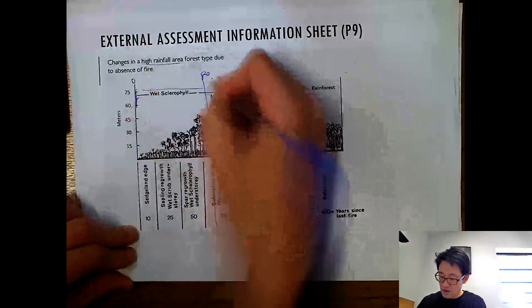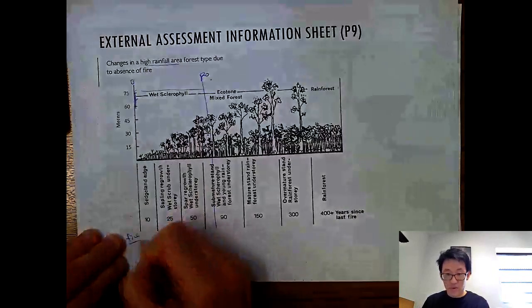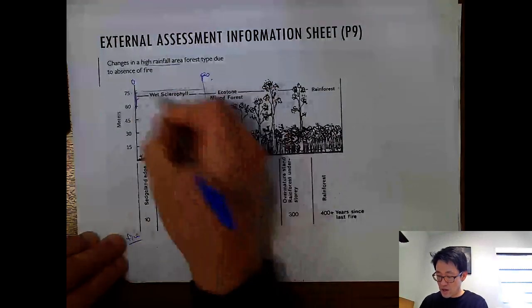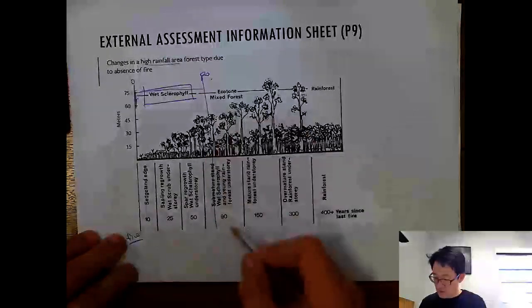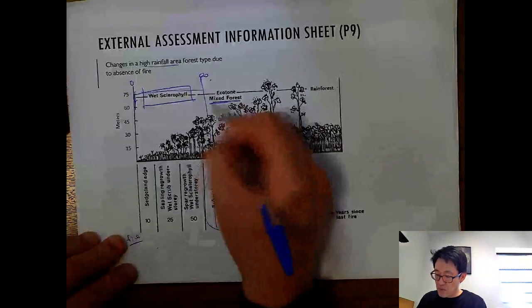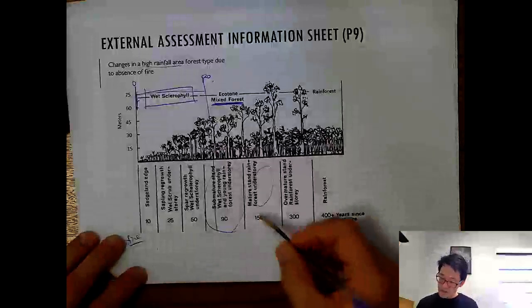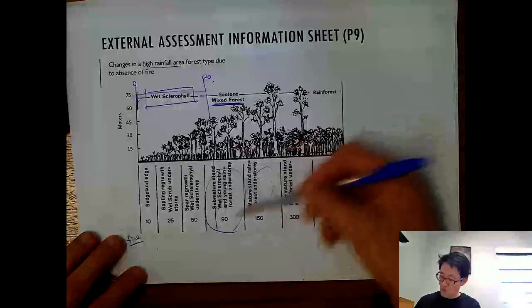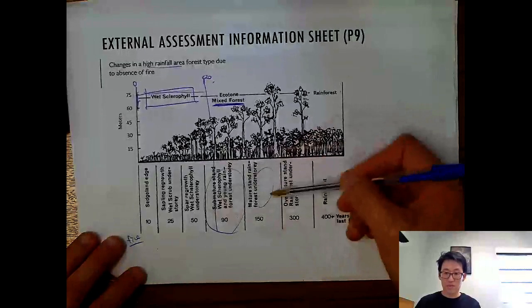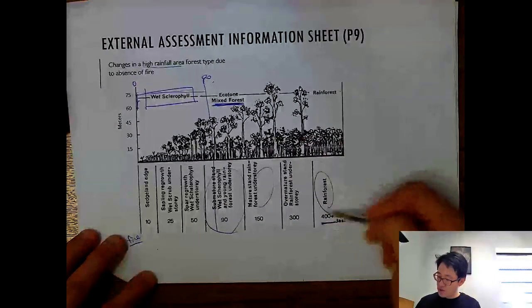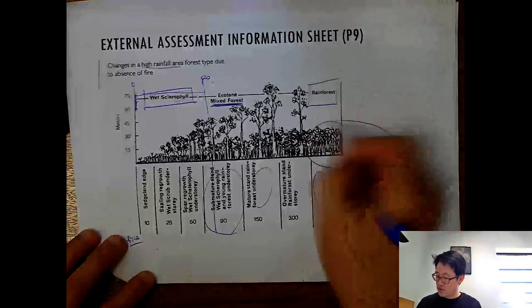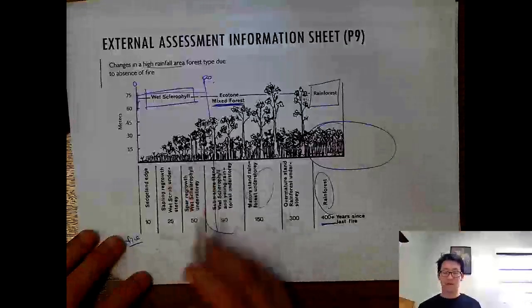So fire happened, and then from 0 to 80, that is wet eucalypt forest. And after that, you can read that mixed forest, they start to have more cool temperate rainforest species here. And then after 400 years, it becomes rainforest. That's what I explained previously.